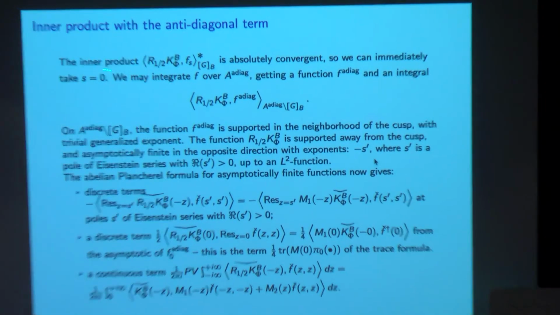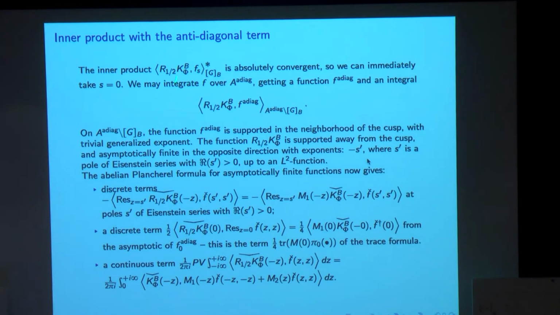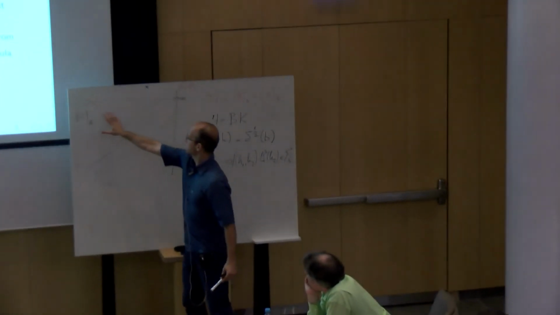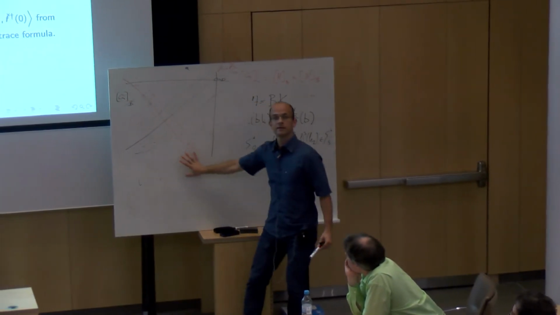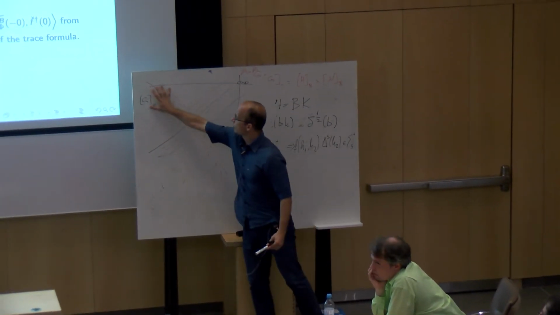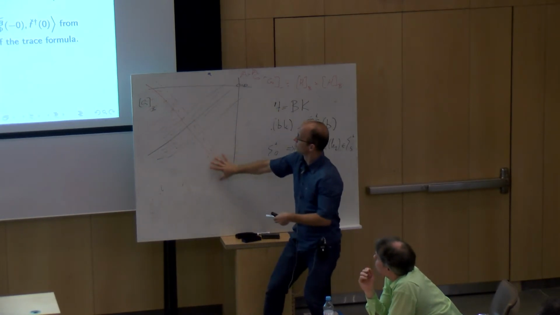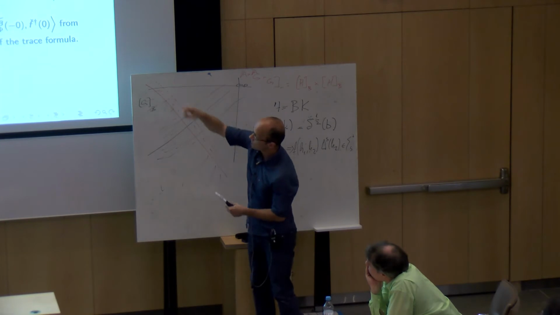So the inner product with the anti-diagonal term, I'm starting from this one because this is compactly supported. This is actually convergent. I don't know if the red here is clear? The red is the support of our Radon transform. Okay? Our test function is what?